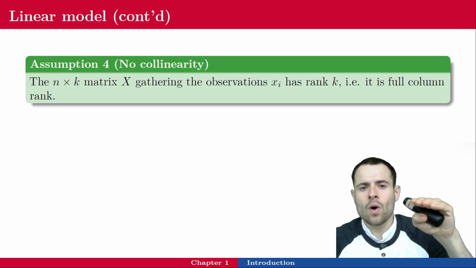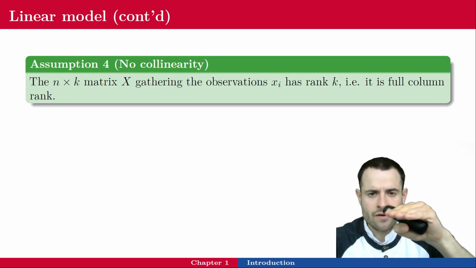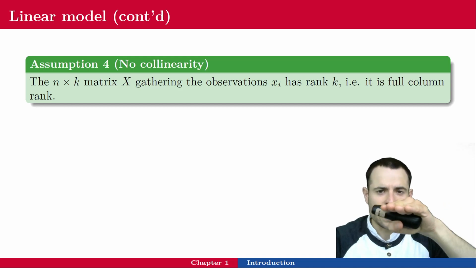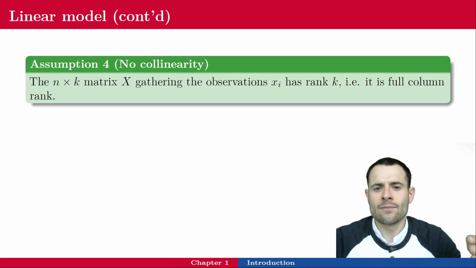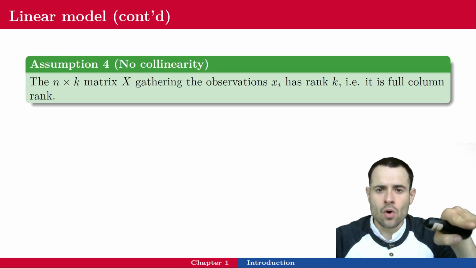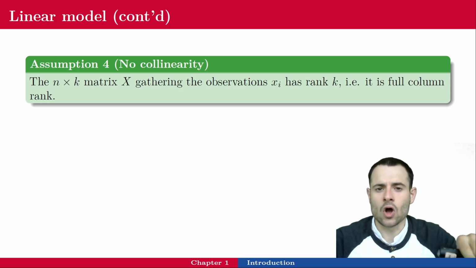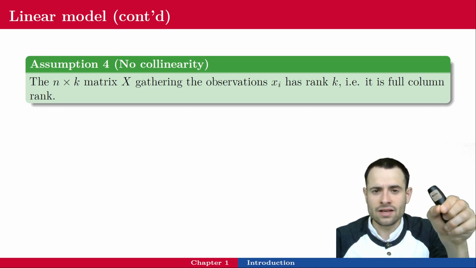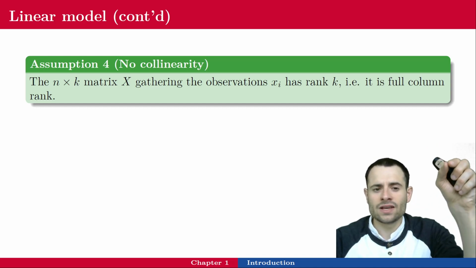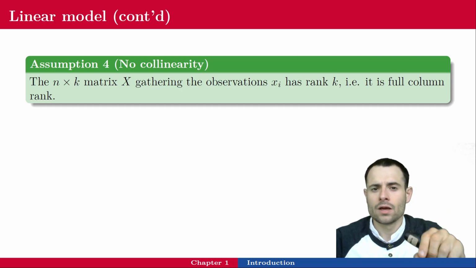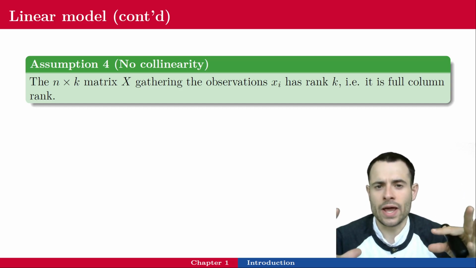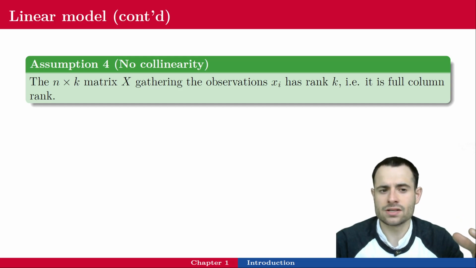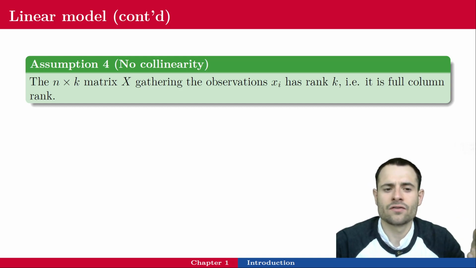If I put this in one row, and I take everybody's data and I stack them in rows, then I'm going to have n different rows because I have n different observations. And since for each observation I observe k different things, then I'm going to have k columns. If you put all of that into a table or a matrix, then we get n rows and k columns for the matrix X.